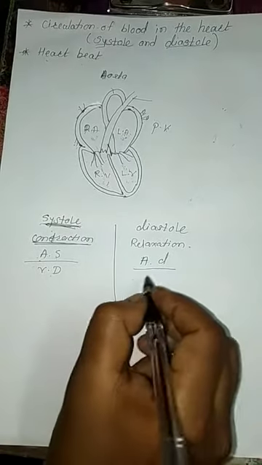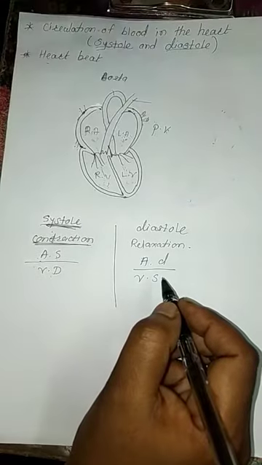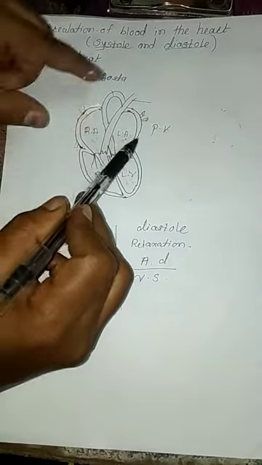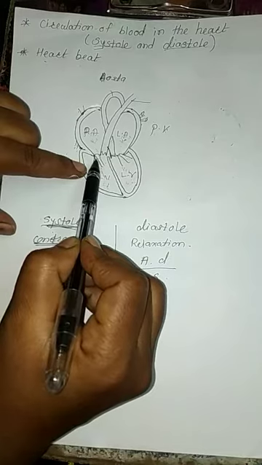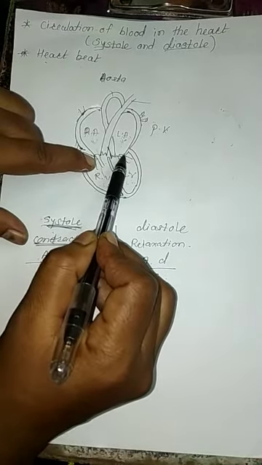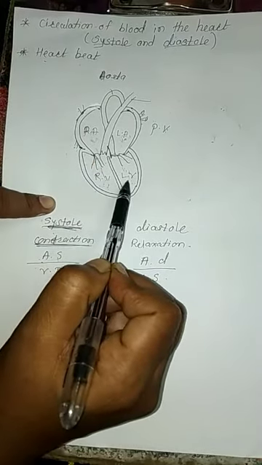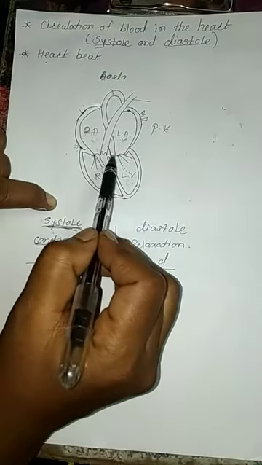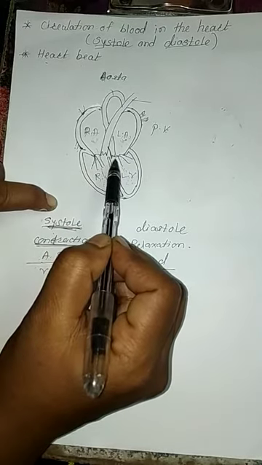And when both auricles are in the diastolic phase, the ventricles are in the systolic phase, meaning the auricles are relaxed and filled with blood. When they are filled with blood, both the tricuspid and bicuspid valves are closed, and simultaneously the ventricles contract and push the blood towards the pulmonary semilunar valve and the aortic semilunar valve.